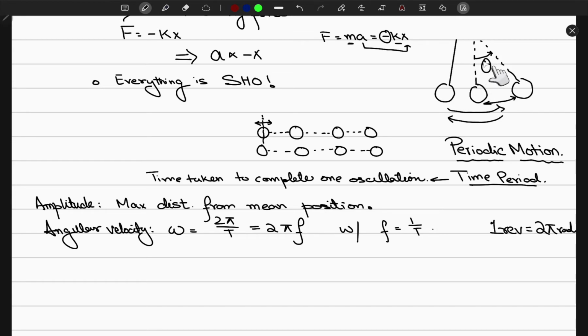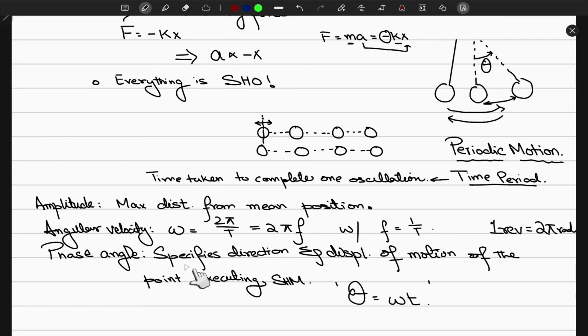So we call this angle the phase angle, and we can define this phase angle as something which specifies the direction and the displacement of your motion of that particular point. In this case, it's the bob which is executing this simple harmonic motion. And you can define your phase angle theta as the product of the angular velocity times the time it takes to cover that displacement theta.